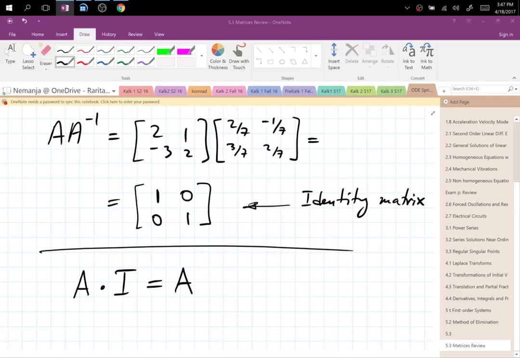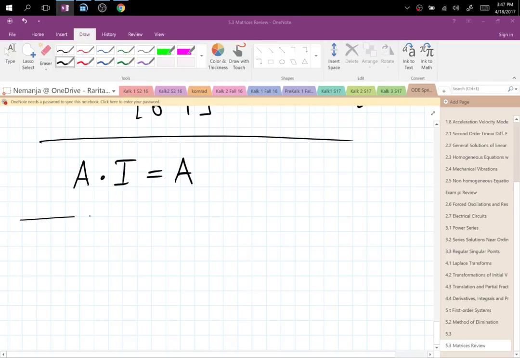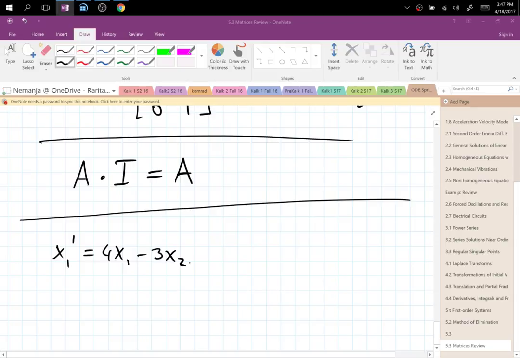Now, how is this useful for our differential equations? Well, we can transform differential equations into matrices and then use the determinant to solve these systems. So, say you have x1 prime is equal to 4x1 minus 3x2. I could have used an x and a y.